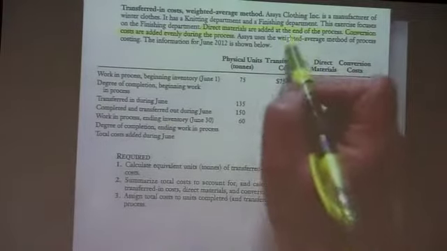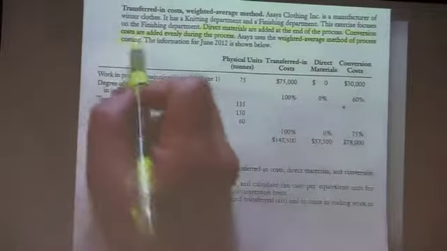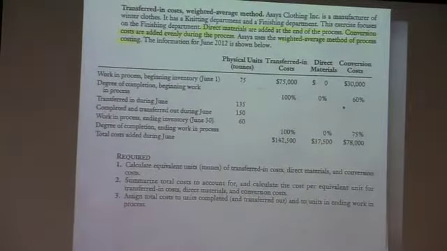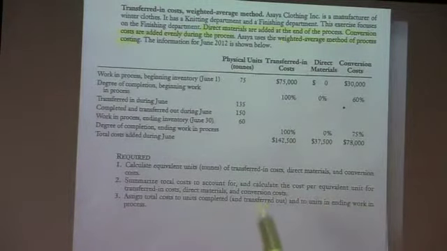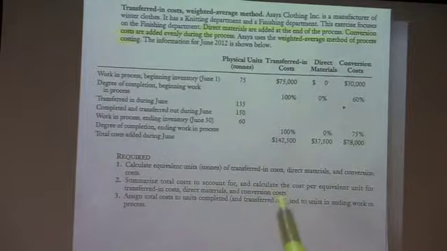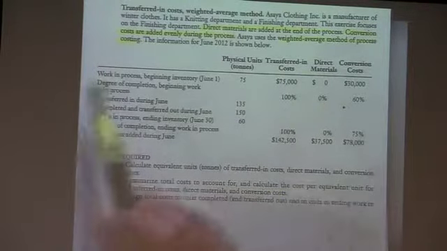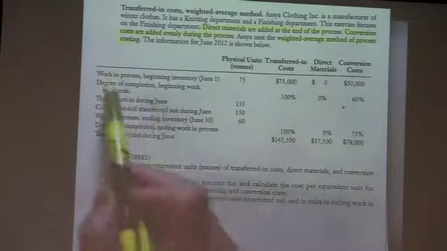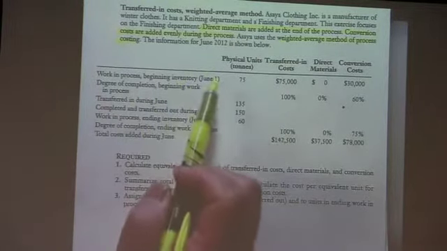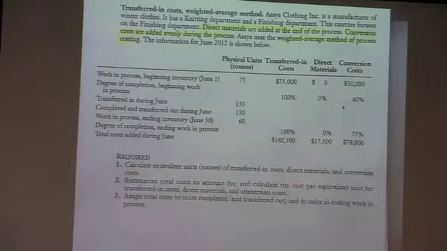And they're using the weighted average method of processing cost, and the information for June 2012 for the finishing department is as follows. So let's read the facts together. The work in progress at the beginning of June had 75 units.